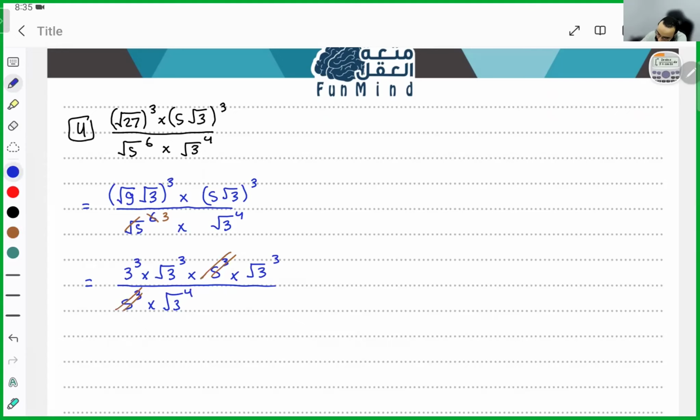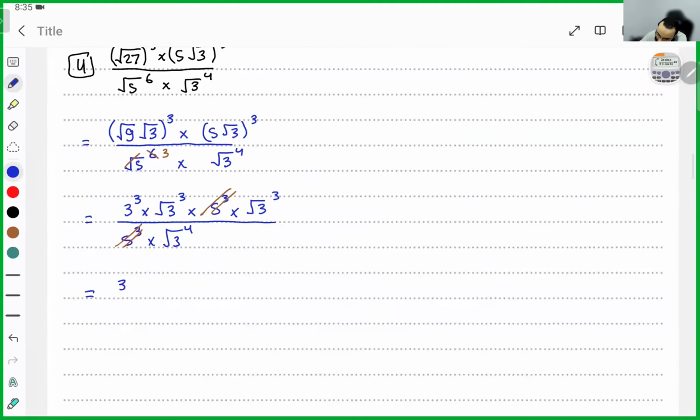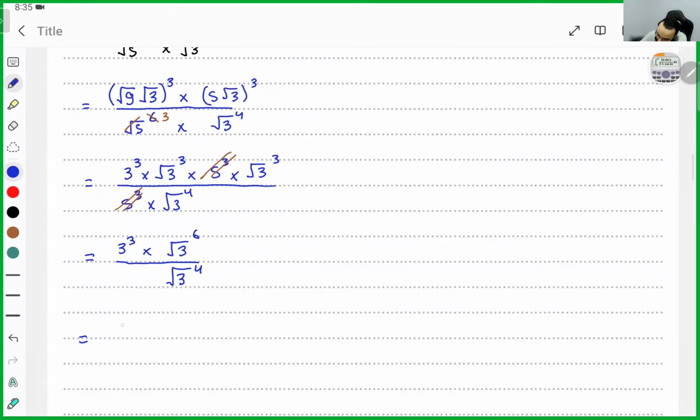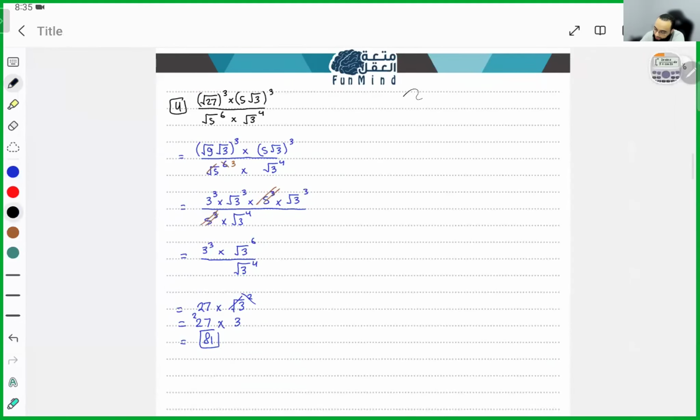Right now, up, there is 3 power of 3 times root 3 power of 6, and down, there is root 3 power of 4. 3 power of 3 is 27 times root 3 power of 2, which is 3. Then it's 27 times 3, which is 81. Alhamdulillah. 81. You can do it with the calculator.